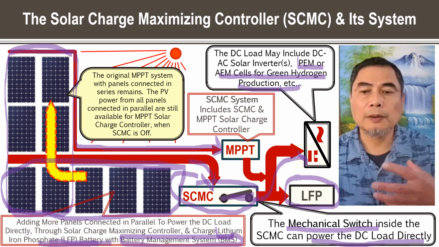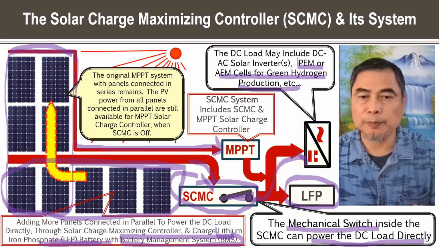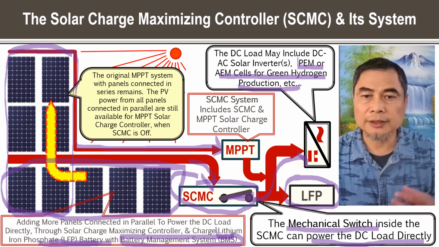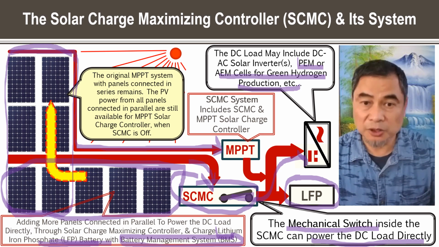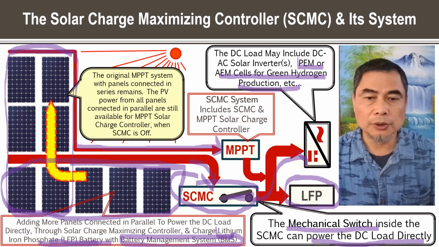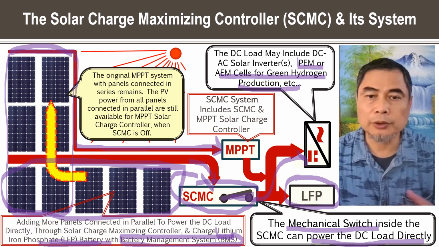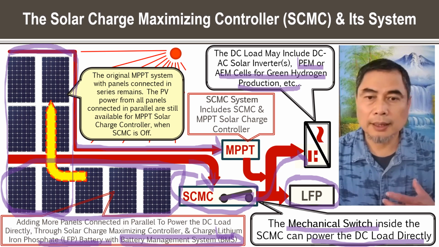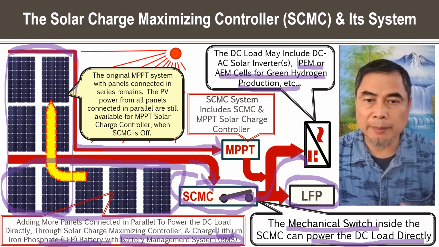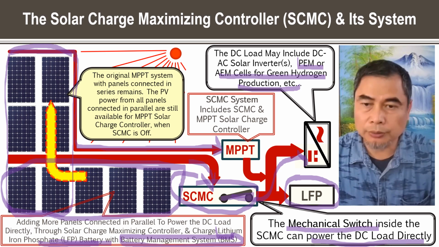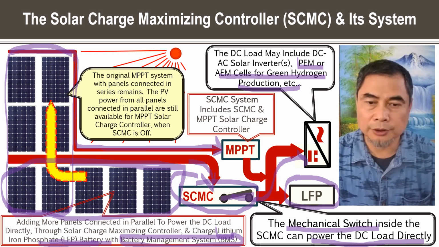But for energy storage expansion, we say this is the most efficient way to harvest solar energy from the sun and go directly to the DC load, such as proton exchange membranes, to produce green hydrogen directly.